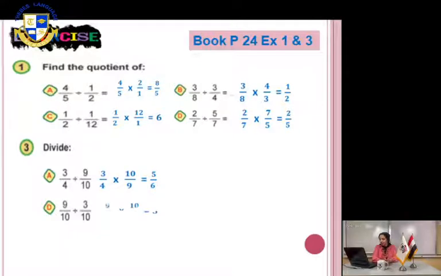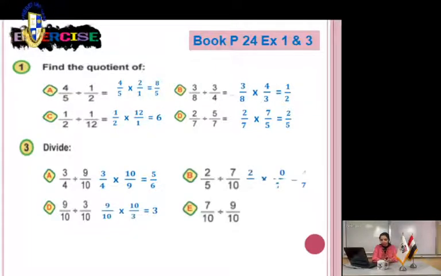Letter B, 2 over 5 divided by 7 over 10. Keep, switch, flip. 2 over 5 multiplied by 10 over 7, and the final answer will be 4 over 7 after simplifying. Letter D, 9 over 10 divided by 3 over 10. Keep, switch, flip. 9 over 10 multiplied by 10 over 3.